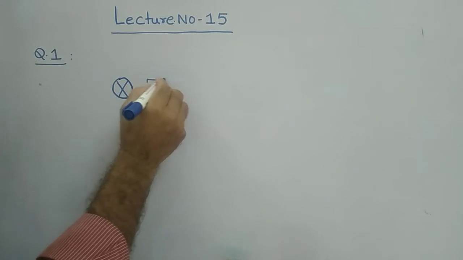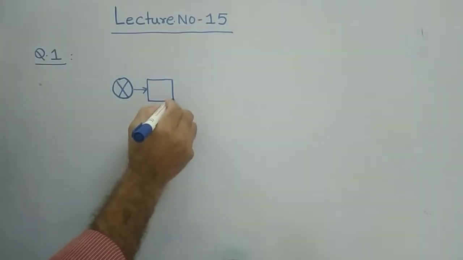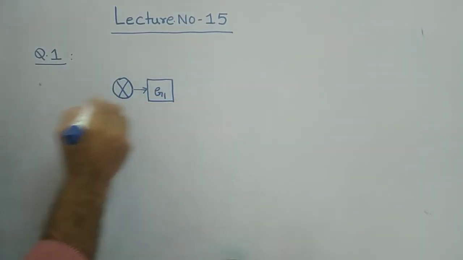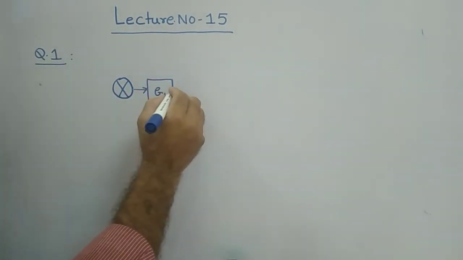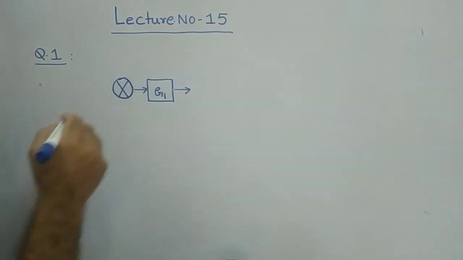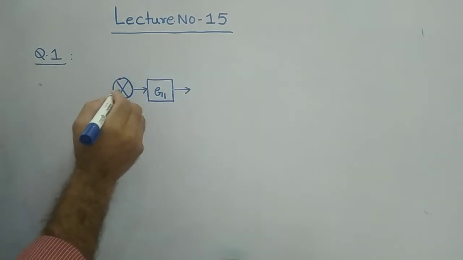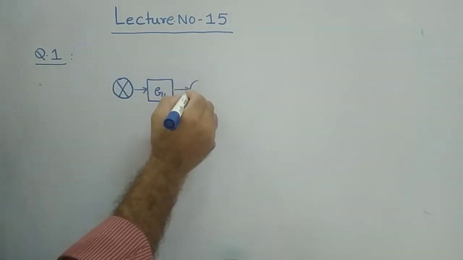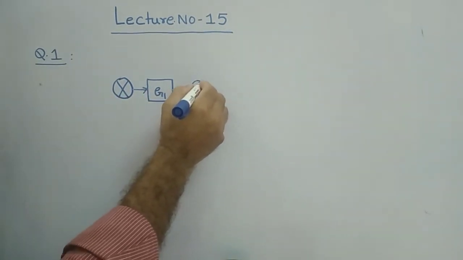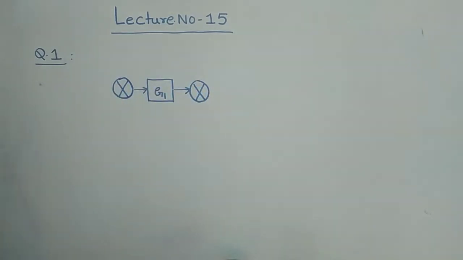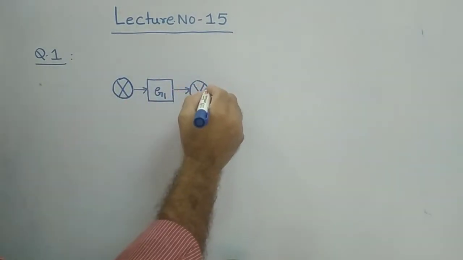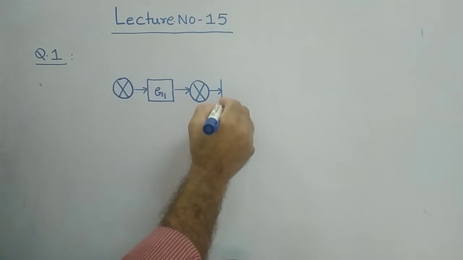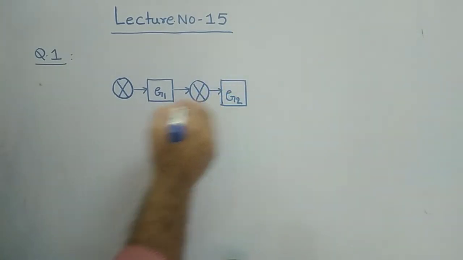After that, you have gain G1. After that, you have a summer. And after that, you have gain G2. Okay.